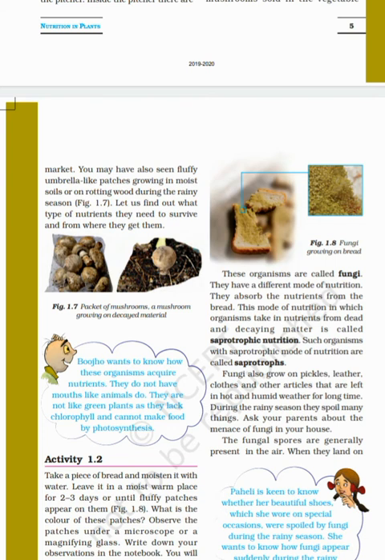Now let's discuss a little about rhizobium. Rhizobium is a type of bacteria that converts atmospheric nitrogen into a soluble form that can be utilized by plants. It usually resides in the roots of leguminous plants like peas, gram, mung, etc., and it is instrumental in providing these plants with a rich source of nitrogen.